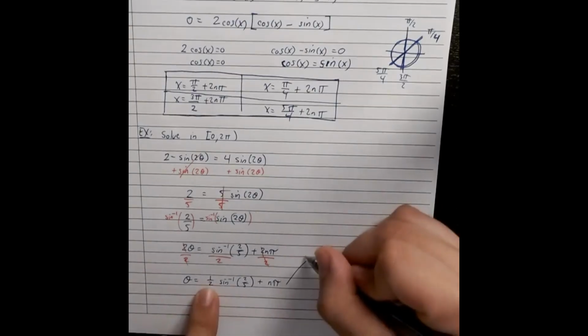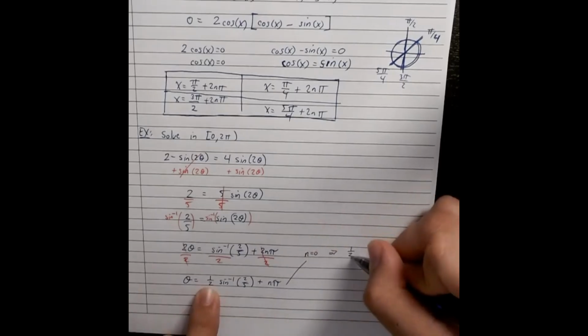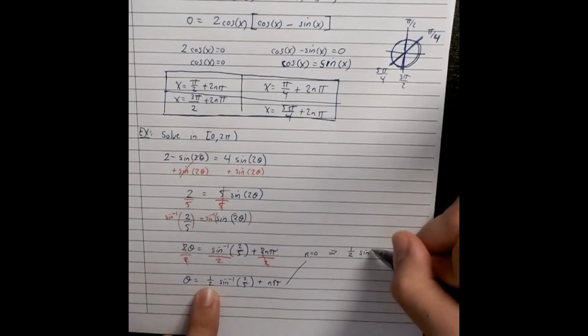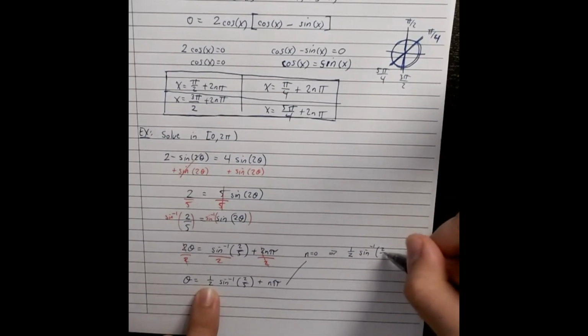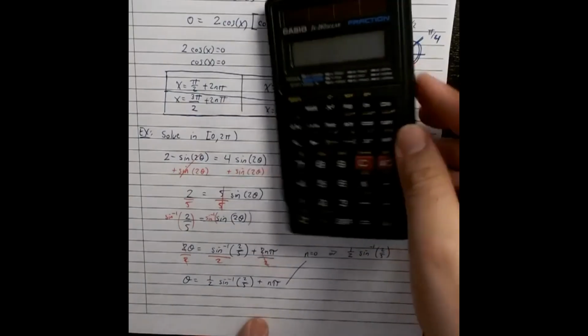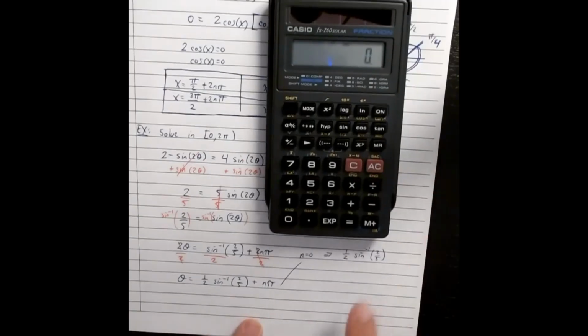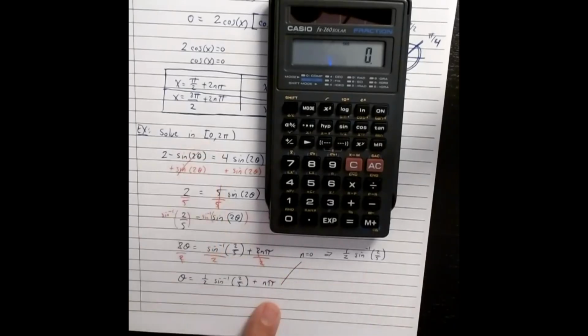If I say, okay, let's let n equal 0, that's going to give me 1/2 sine inverse of 2/5, just like that. If you're a little uncomfortable with that number, that is the precise number, but let's take a look at it as an estimate, just so that you can confirm that it is in fact between 0 and 2 pi.